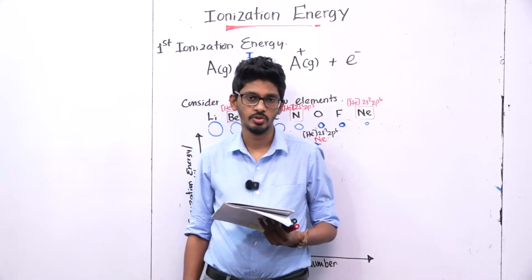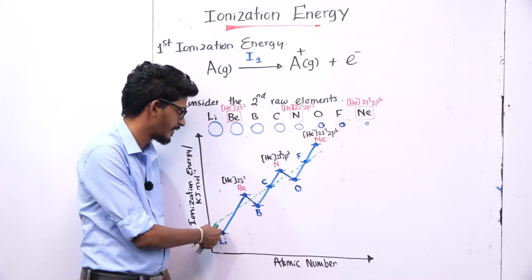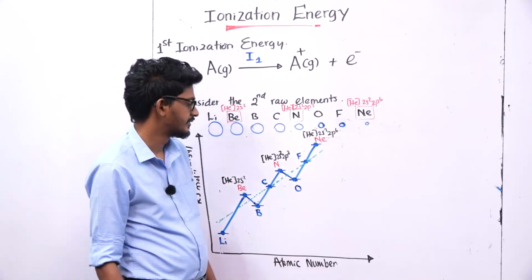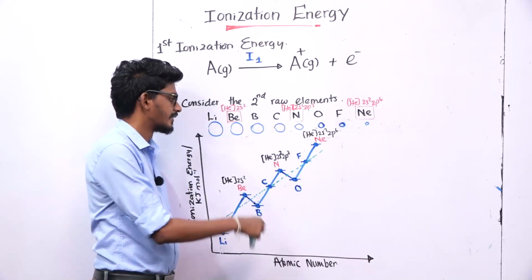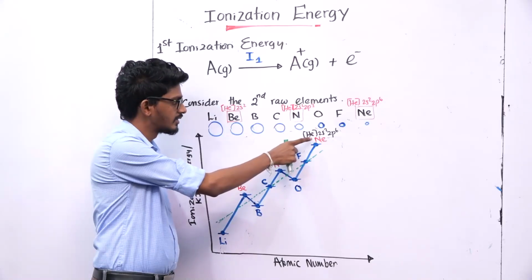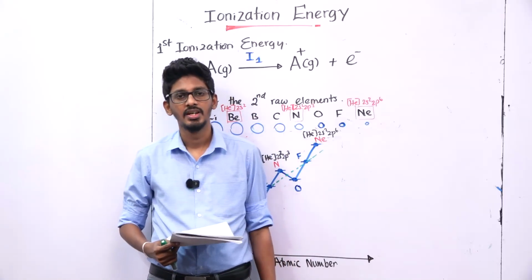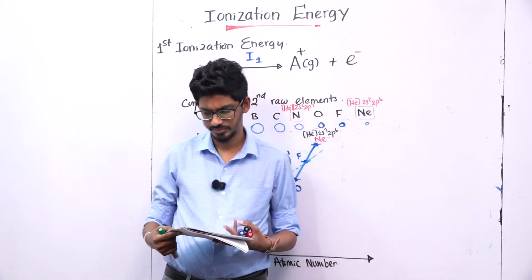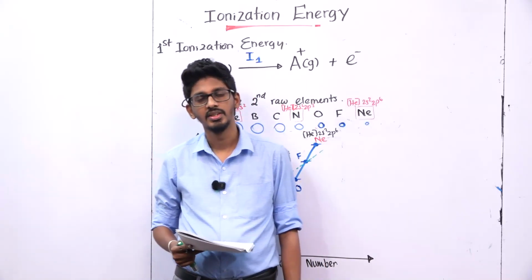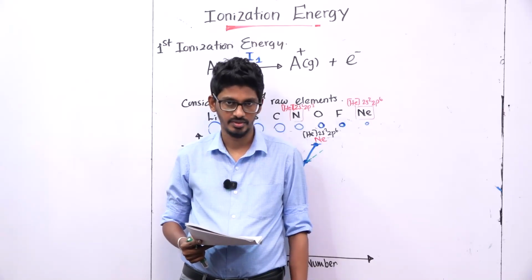You see, group 1 element shows the lowest I1 and, at the next line, group 18 element shows the highest I1. Okay, that is all for that space, right now.